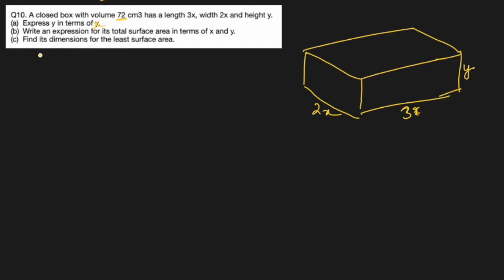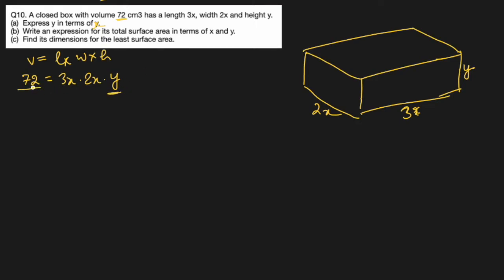Okay. So we know the volume of a cuboid is length times width times height. The volume is given as 72 cm³, which will be equal to 3x times 2x times y. We want y in terms of x, that means isolate y.